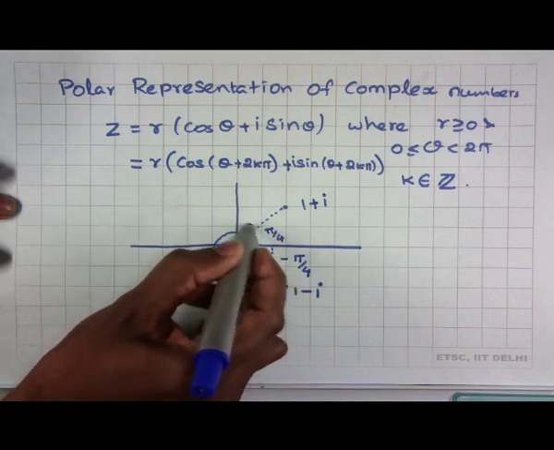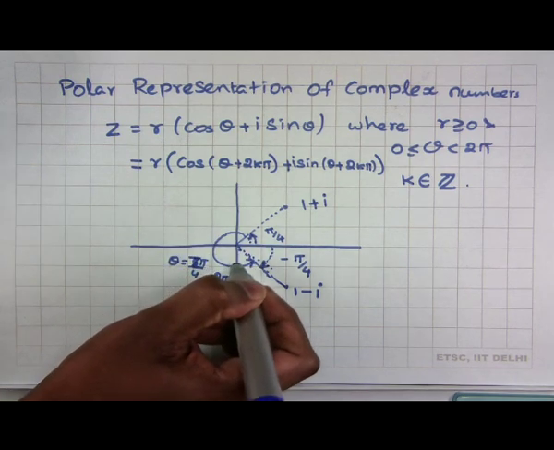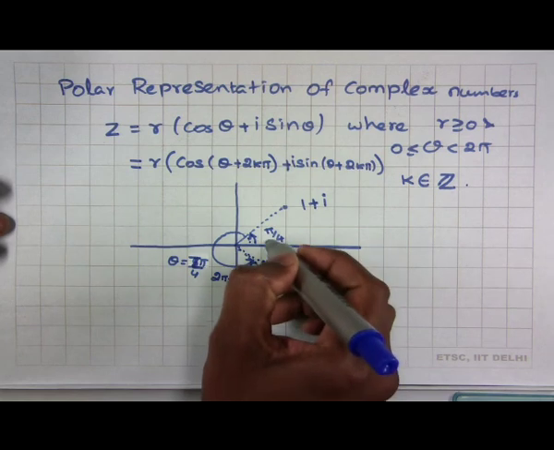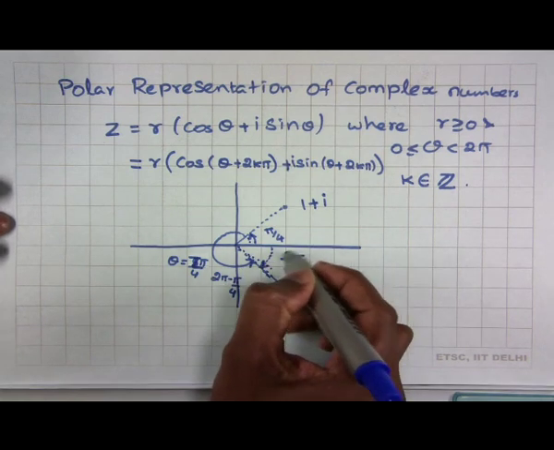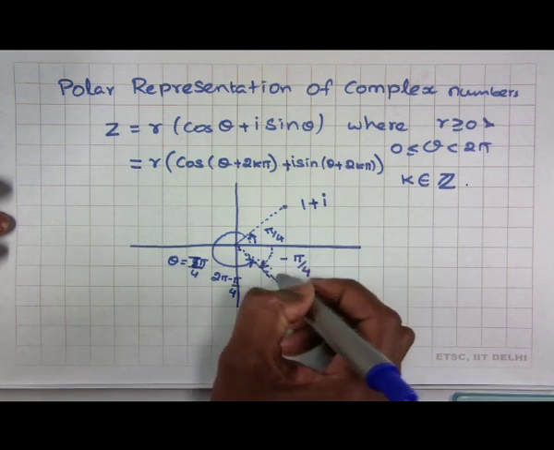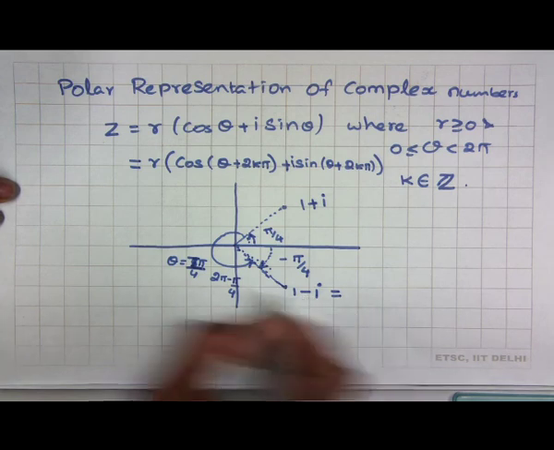So, that we are taking as the positive way of measuring the angle. Now, we are going in the opposite direction. So, in this way we are denoting minus pi by 4.